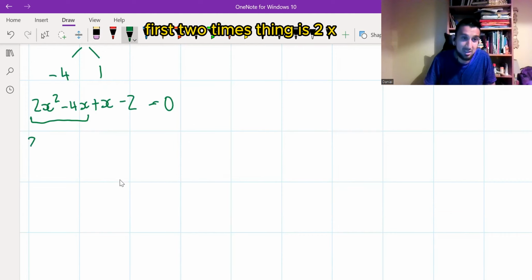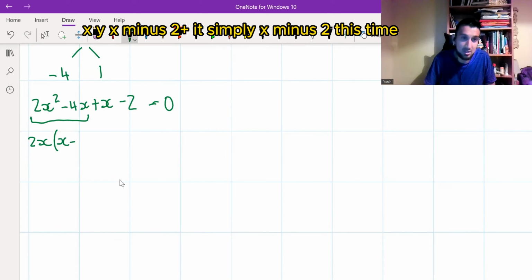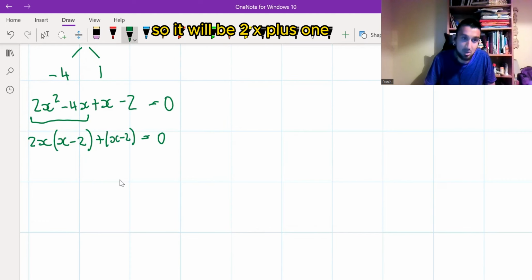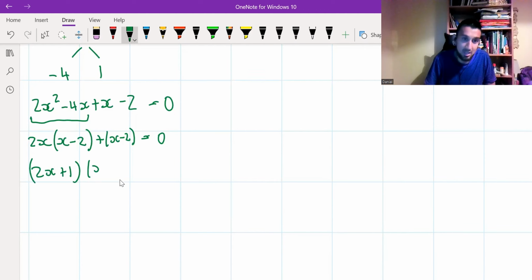First two, the highest common factor is 2x. 2x times what gives 2x squared will be x. 2x times what gives minus 4x will be minus 2, plus then simply x minus 2. This time, it will be 2x plus 1 times x minus 2 equals 0.